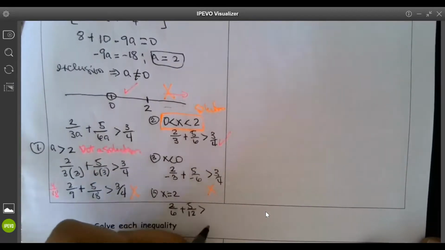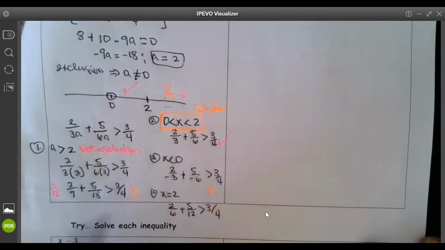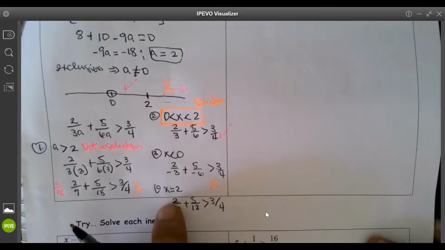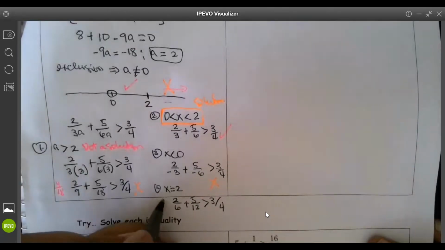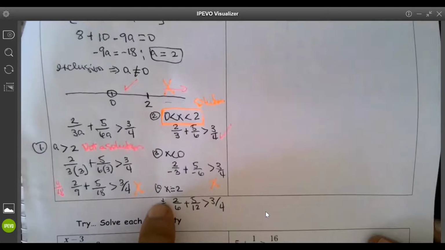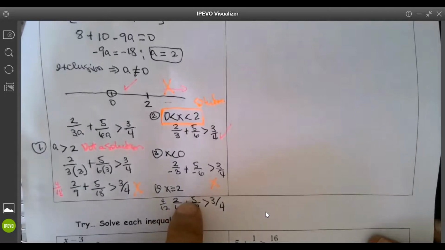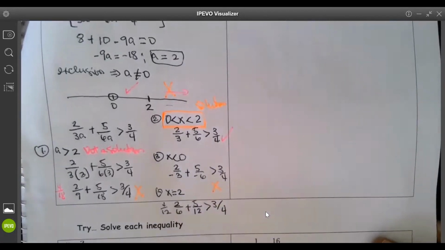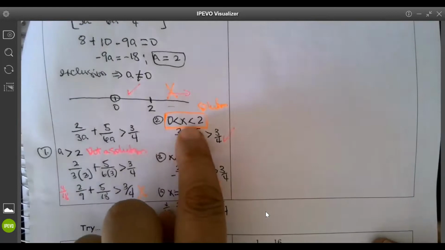Is that greater than 3/4? So this one is actually 4/12, right? 2/6 is 4/12. 4 plus 5 is 9/12. It's not greater than 3/4. It's equal. So this one is not greater than.